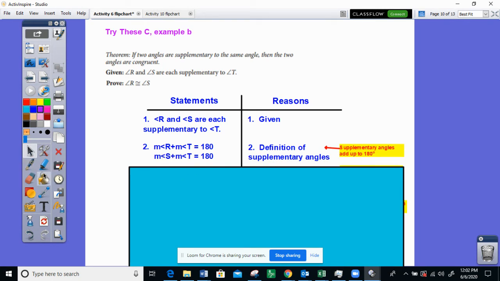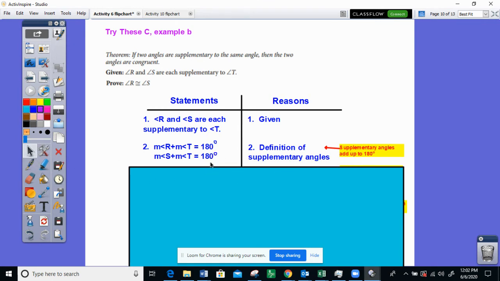The measure of angle R plus the measure of angle T equals 180 degrees. And also, the measure of angle S plus the measure of angle T equals 180 degrees. How do we know that we can do that? Because we know what supplementary angles are.